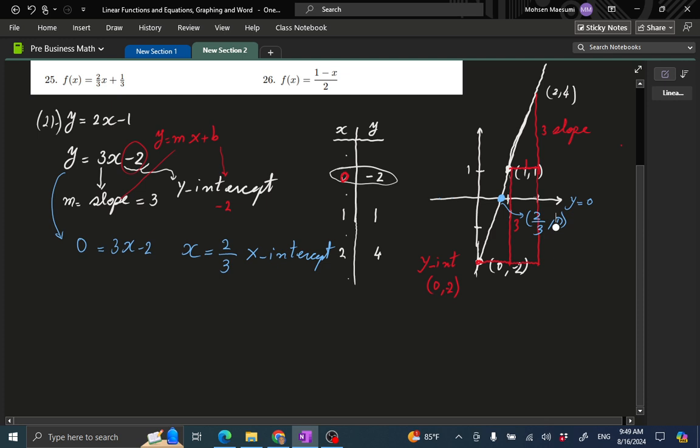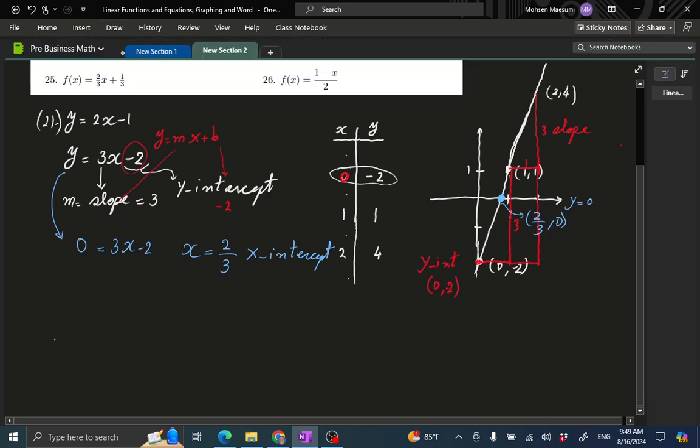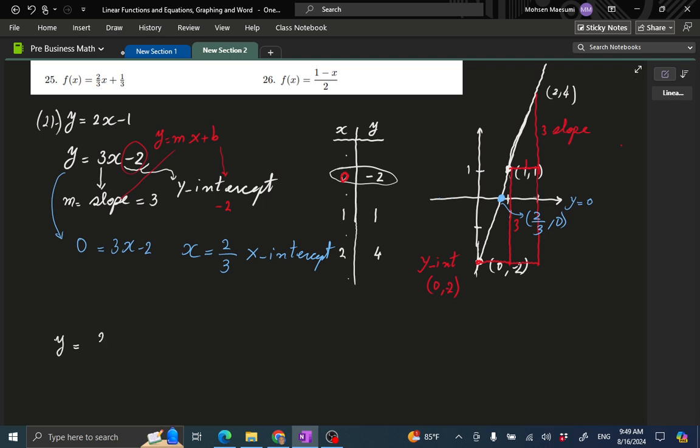Instead of y, instead of f of x, let's write just 2/3 of x plus 1/3. Now the issue in this problem is that our numbers are not as friendly as these whole numbers. Other than that, the problem is exactly the same as before.